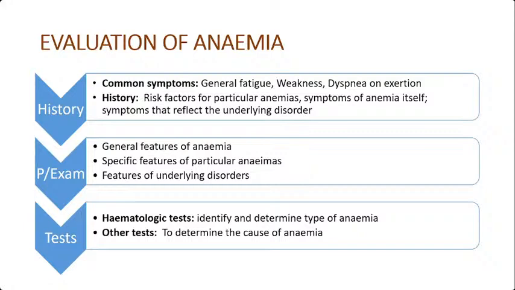You also look for specific risk factors for a particular anemia. For example, if a patient says they are on a strictly vegan diet, then you know this might be a patient who might have vitamin B12 deficiency.